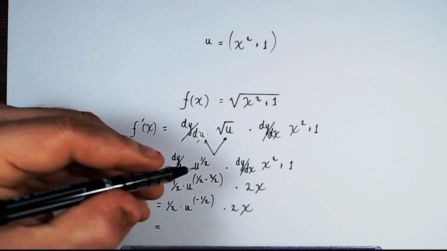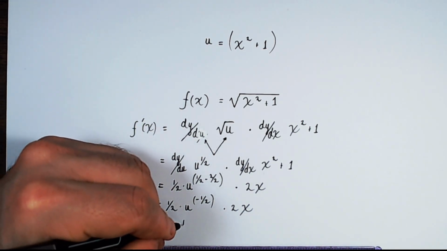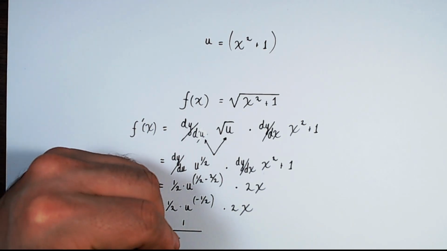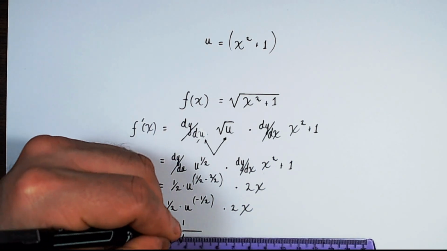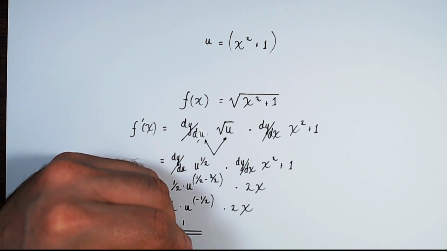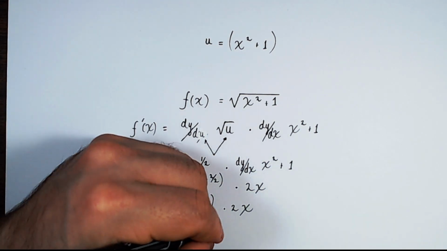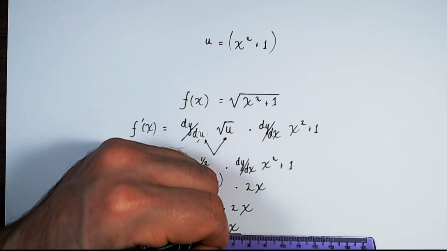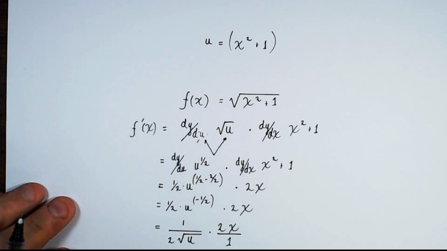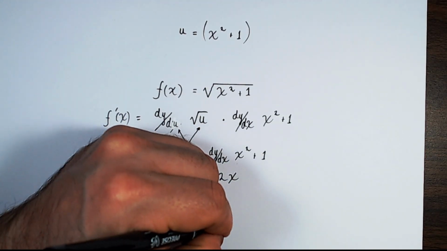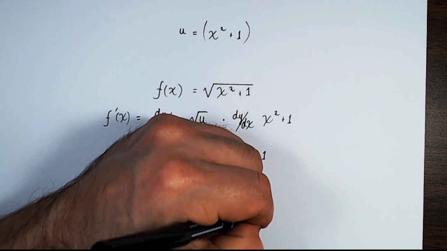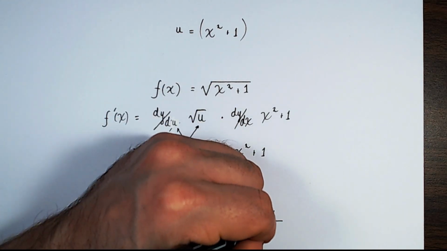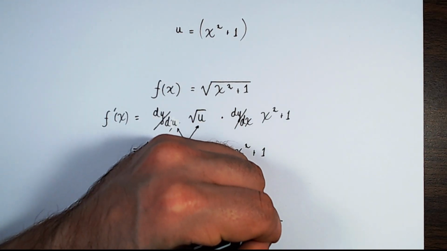This equals 1 over 2 times the square root of u, multiplied by 2 times x over 1. Okay, so now let's combine them, multiply them together, and you have 2x over 2 square root u.